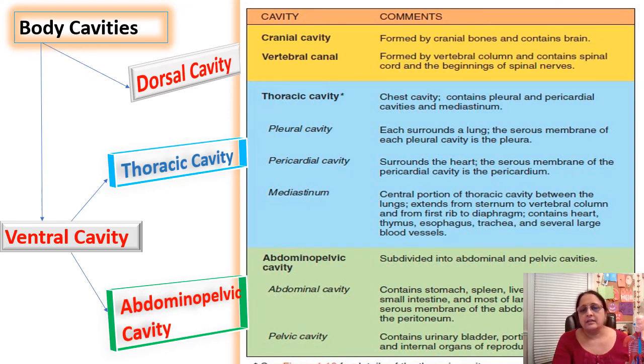Thoracic cavity contains pleural, pericardial and mediastinum. Abdominopelvic cavity is divided into abdominal cavity and pelvic cavity, and that harbors some important digestive system parts, reproductive parts and urinary parts.